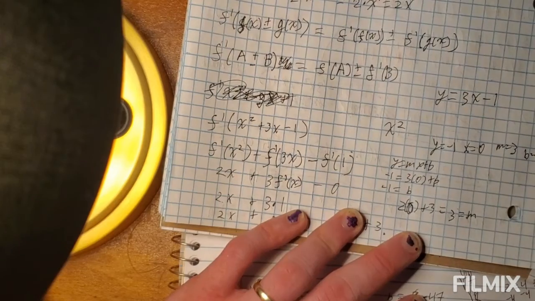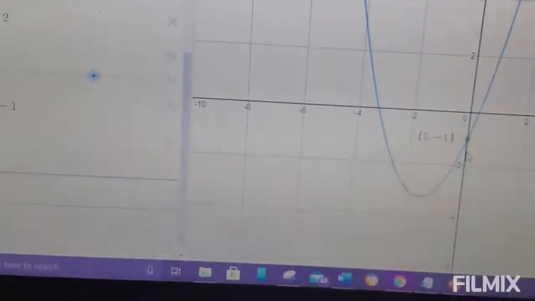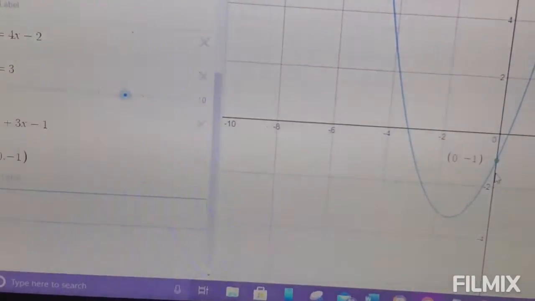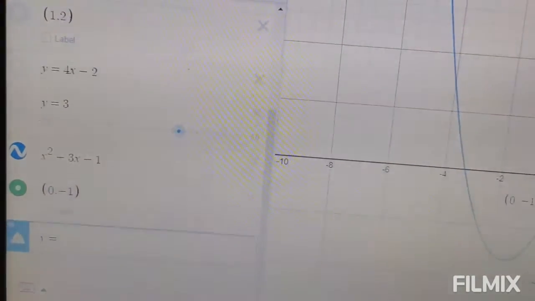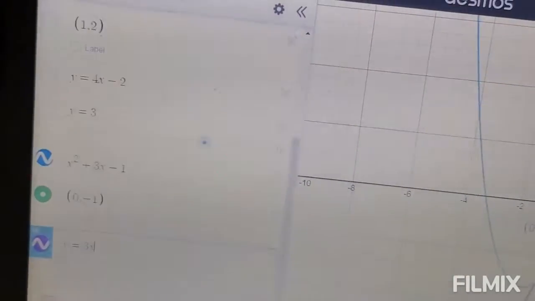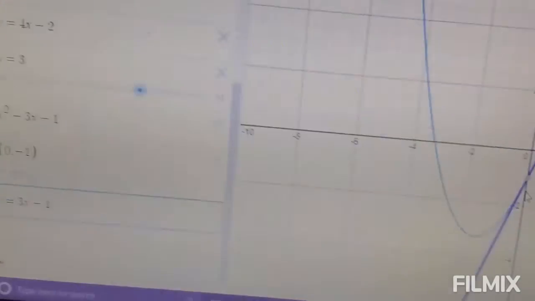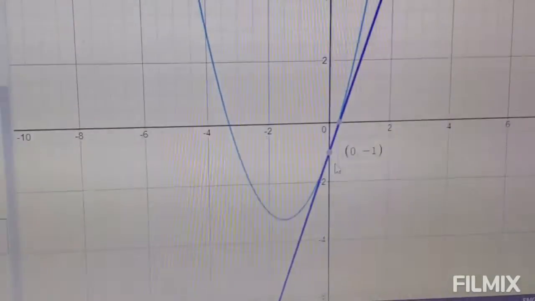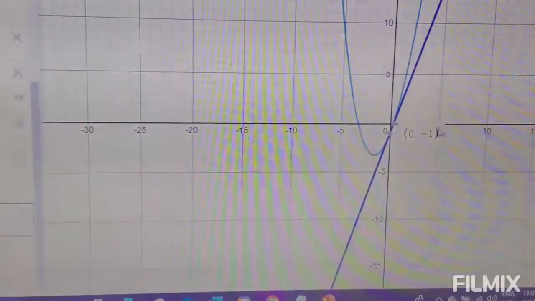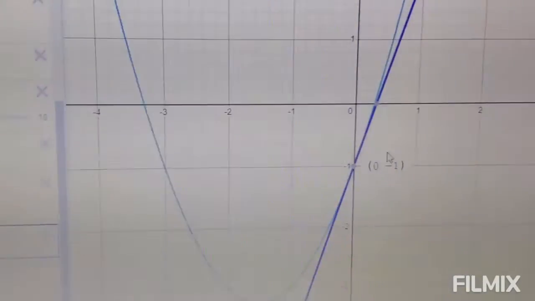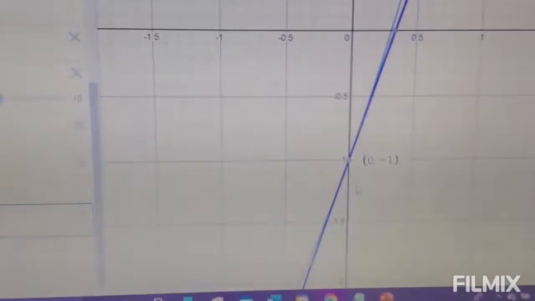You plot this on the graph, and it'll be our tangent line, y equals 3x minus 1. Look at that! See, there's our tangent line at that point, and it intersects the graph right there.